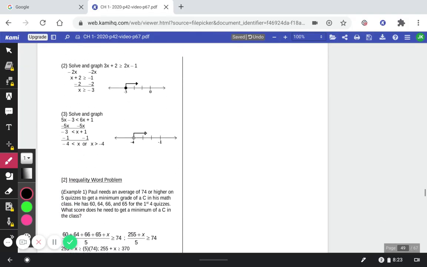Now, solve and graph the next one. 3x plus 2 is greater than or equal to 2x minus 1. So you do it the same way as solving an equation. Now you have 3x and 2x on both sides of the sign. Then which one do you think you need to move? Yeah, the smaller x.